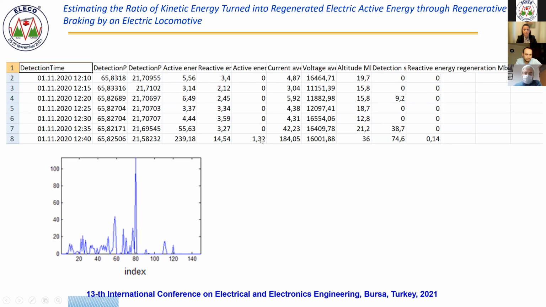You can notice that not all values are non-zero, and current and voltage average values, along with the speed, which also is important for us. Here you have a plot of the active regenerated energy. It has good, nice segments. Also, it has zero segments because we cannot always regenerate energy.